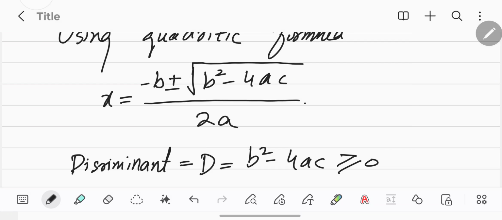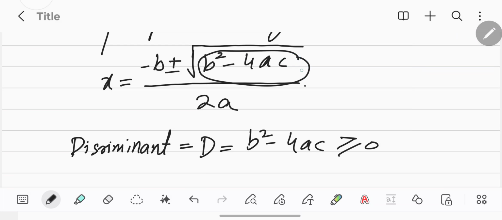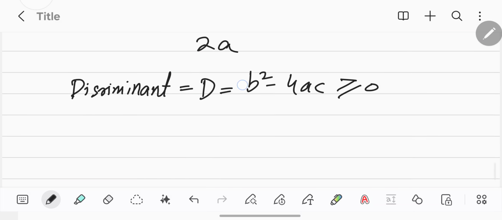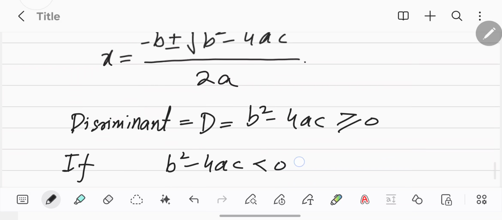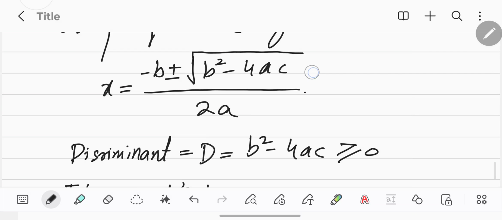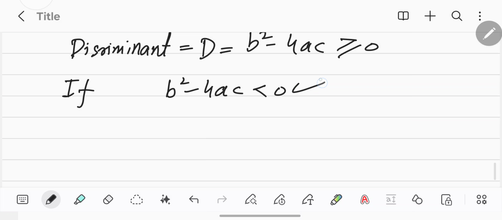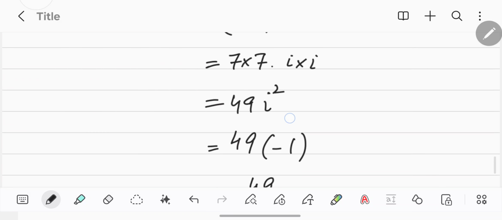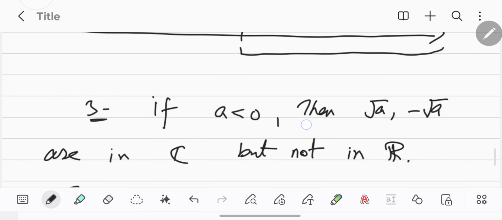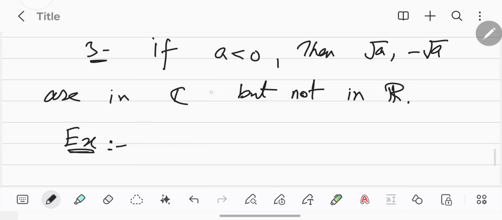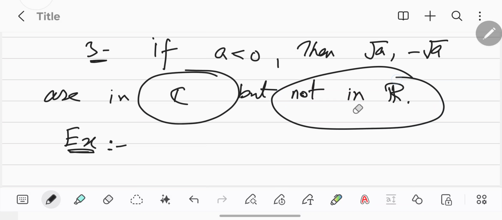There is no real number actually. But if this is negative, then we will use some complex analysis. So if b square minus 4ac, which is inside the square root, is negative, then as we have studied in the third case above, the square root of that thing is a complex number but not a real number.